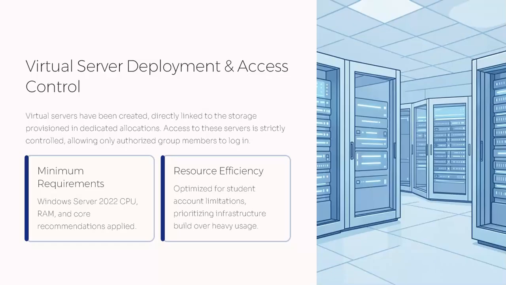And given that this environment is designed to demonstrate infrastructure rather than support heavy workload, resources were allocated efficiently to remain within the student account limit. This approach balances functionality, realism, and cost-conscious design.